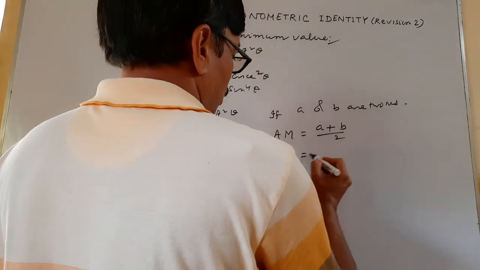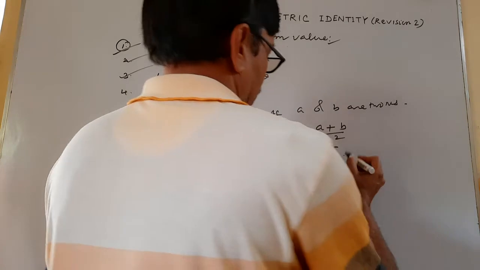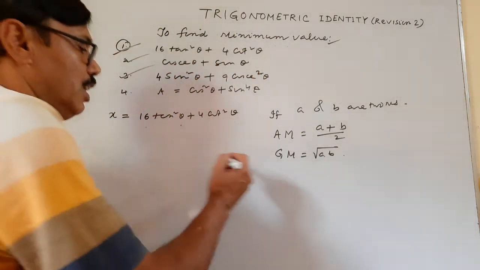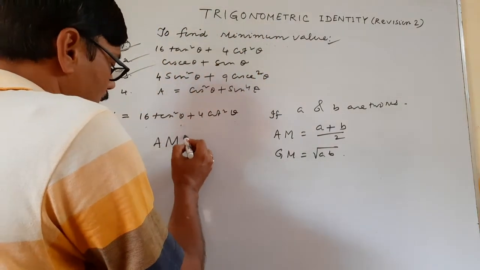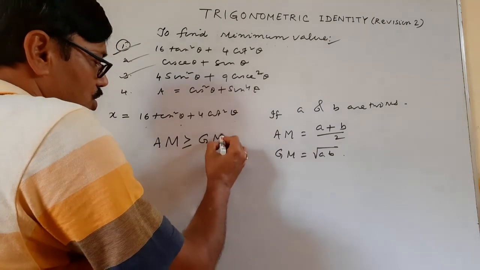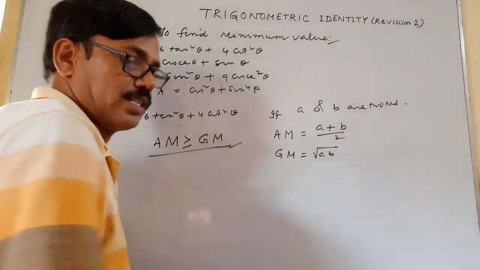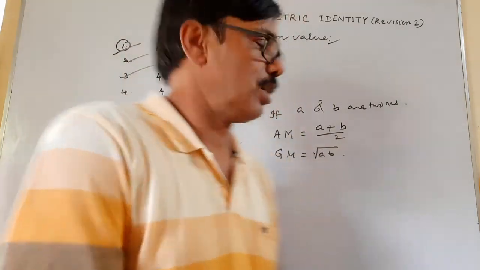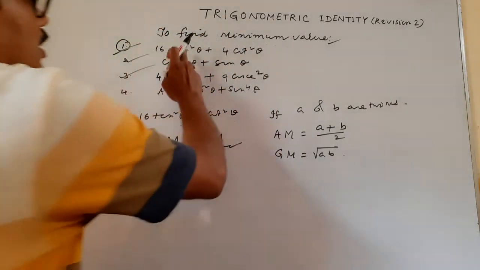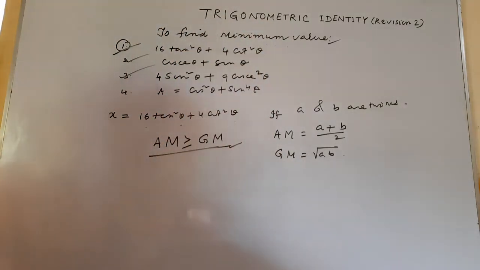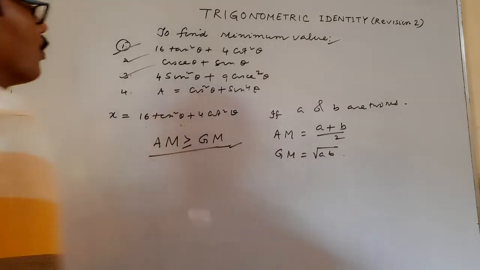GM means root over ab. So the result is AM greater than or equal to GM. This is a result of series. So if they are reciprocal, you can also use this method.